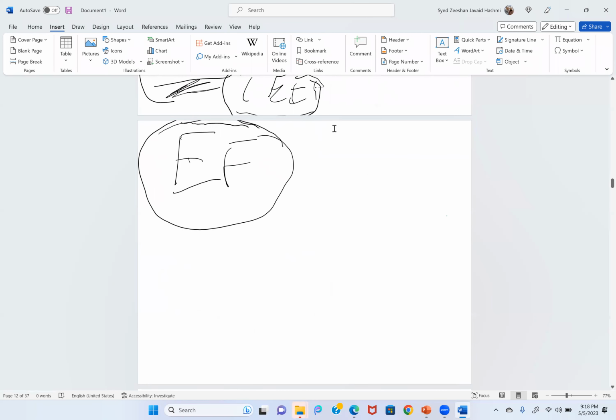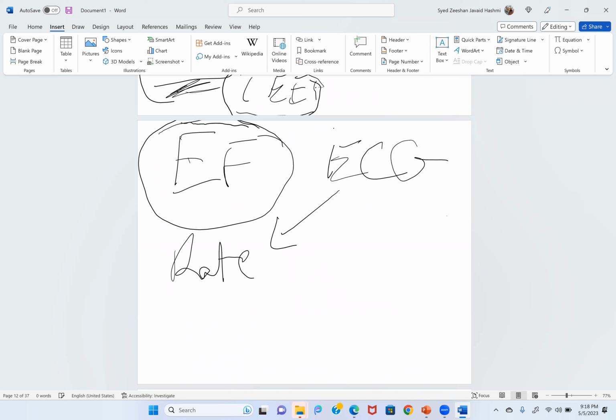Okay, because in the ECG, if you are looking at it, maybe you are looking at the rate, which may be normal or high, then you will see the rhythm. Okay, the rhythm may be sinus or it is not sinus. There is irregular rhythm.